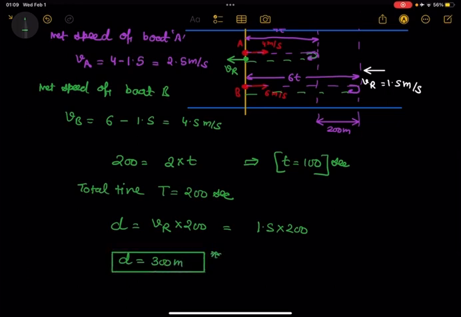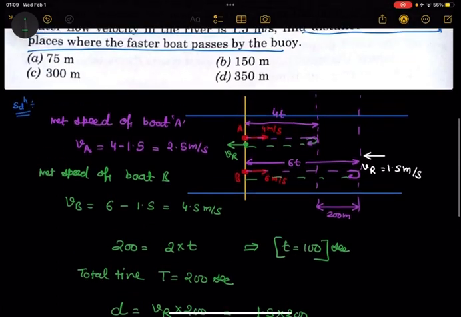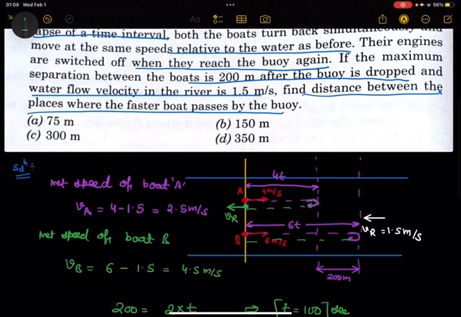If you want to know again and you face any difficulty, see this video again. This question is simply saying that if the faster boat passes by the buoy, find the distance between the places where the buoy is. So the buoy is somewhere here, and this distance is asked. So the answer is C. Thank you so much.